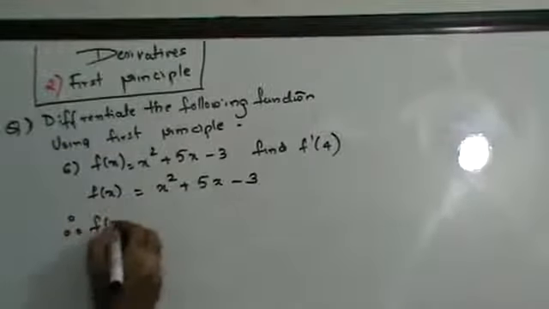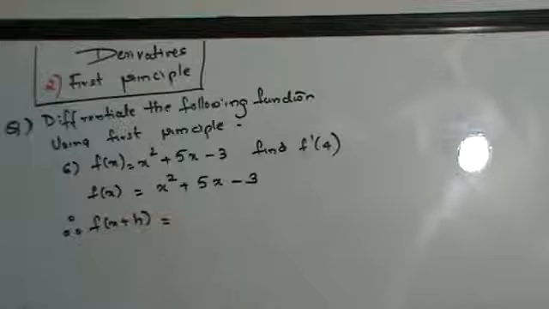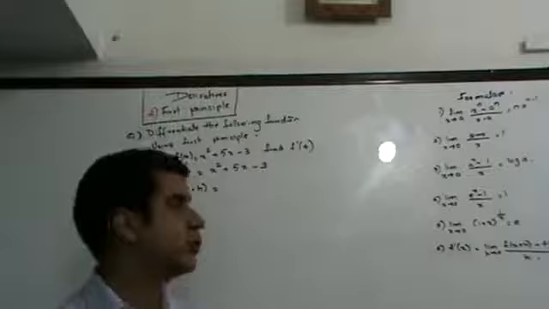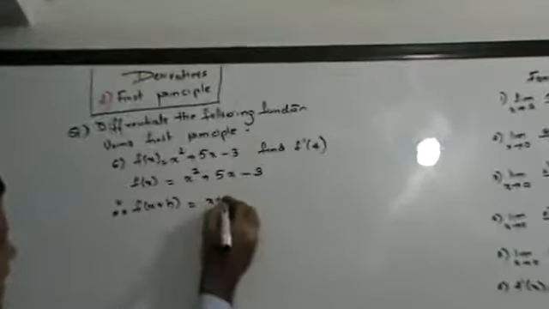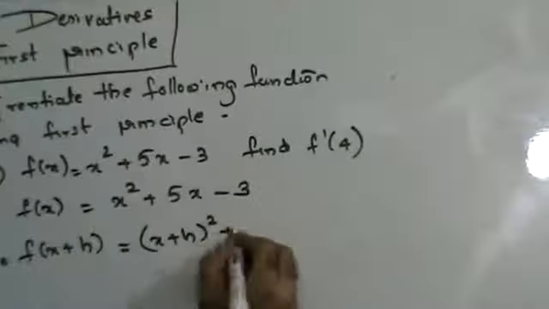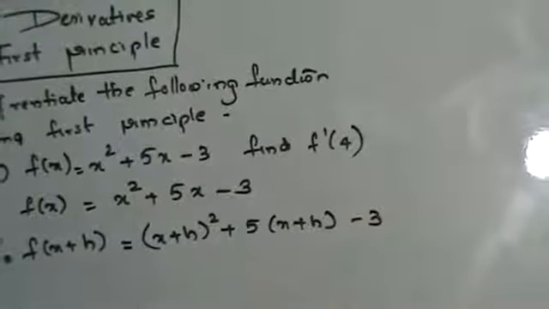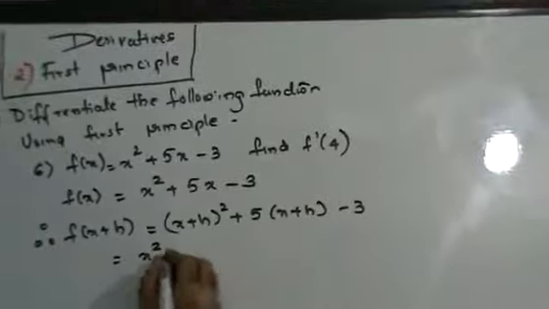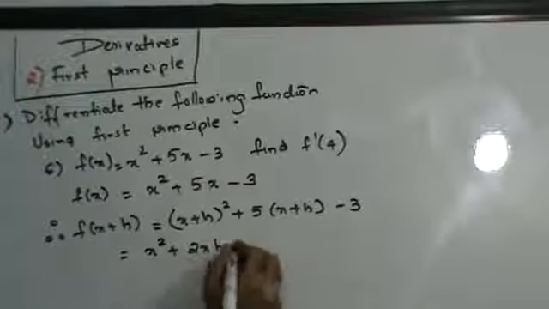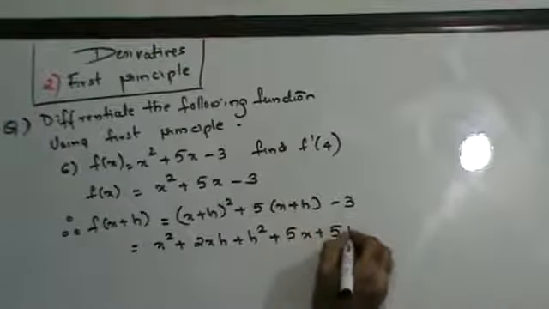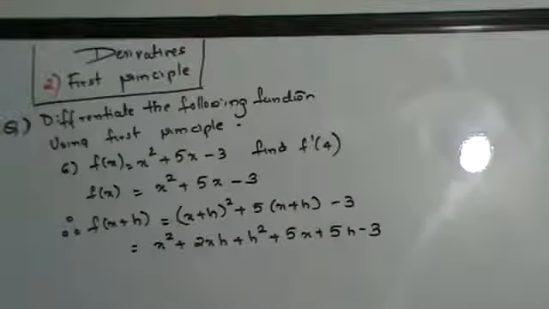Therefore f of x plus h: whenever there is x, substitute x as x plus h. So this will be (x plus h) the whole square plus 5(x plus h) minus 3. This can be written as x square plus 2xh plus h square plus 5x plus 5h minus 3.